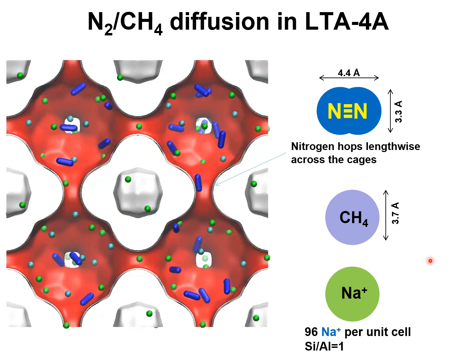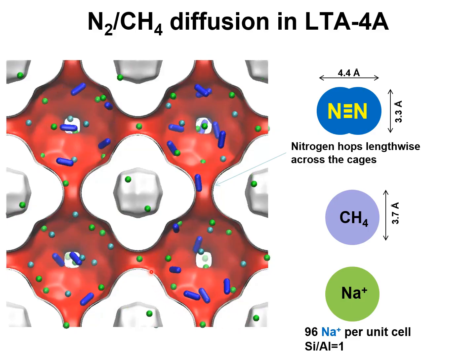Another thing to note when I play the simulations is that nitrogen jumps lengthwise across the windows from one cage to the adjacent cage, and that happens in this window region. So if you want to have a look at nitrogen hopping, look at this window.